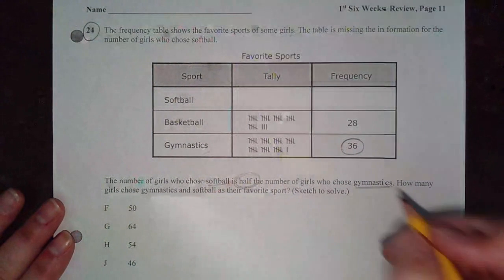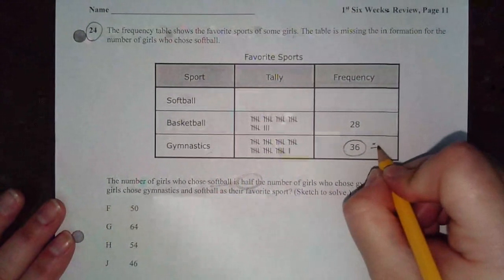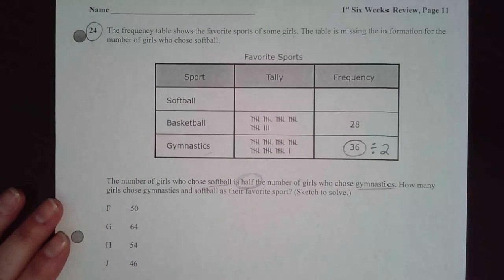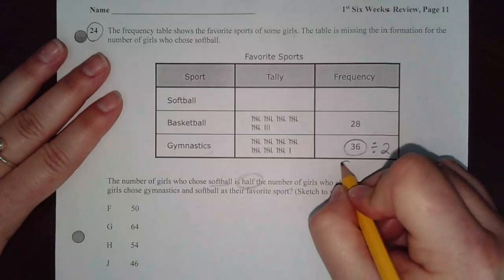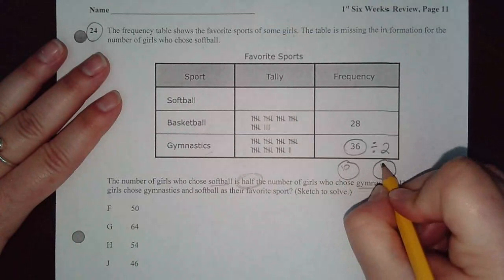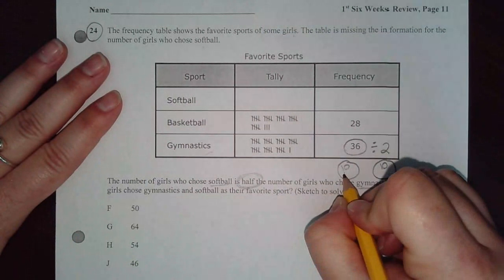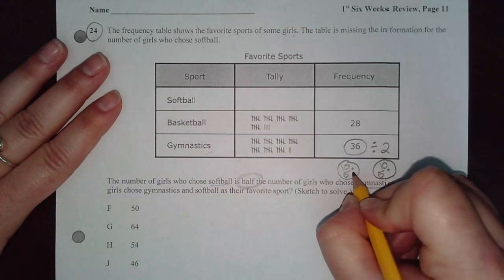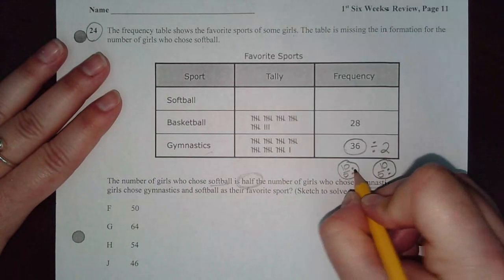So I would need two equal groups. So we're going to divide this into half, which is the same thing as dividing it into two groups. Well, you can solve it different ways. I could split it into two groups. I could say 10, 20, 25, 30, 31, 32, 33, 34, 35, 36.